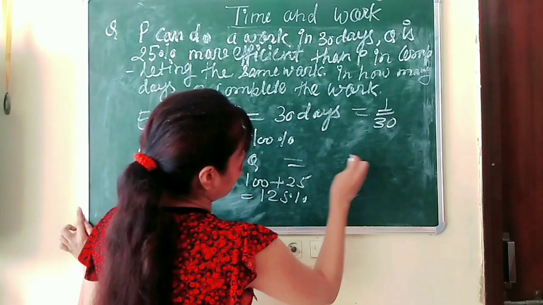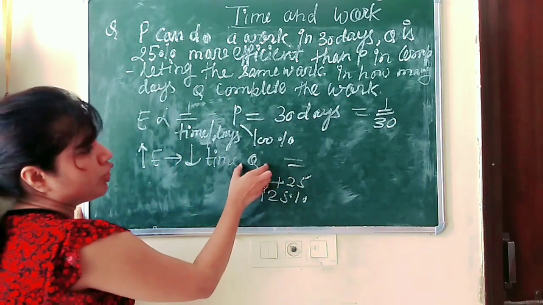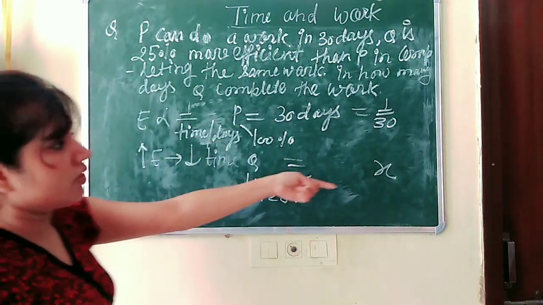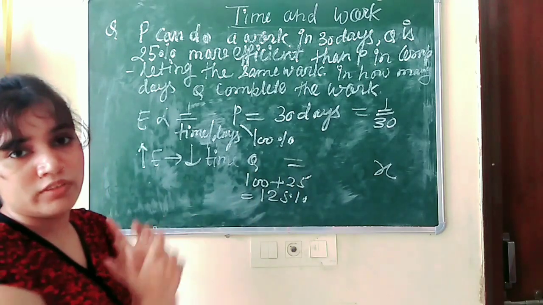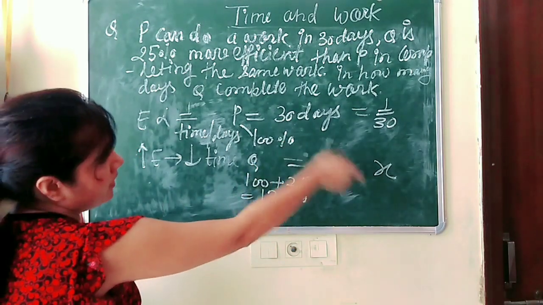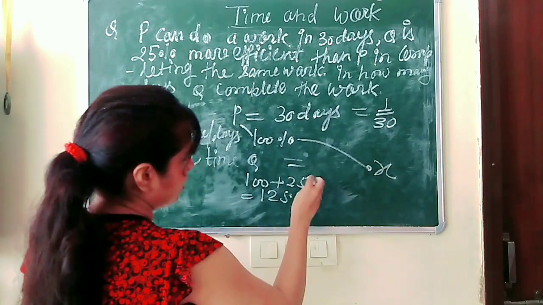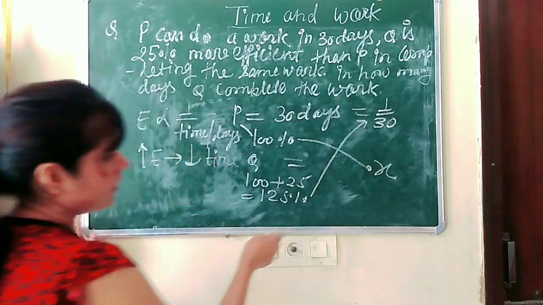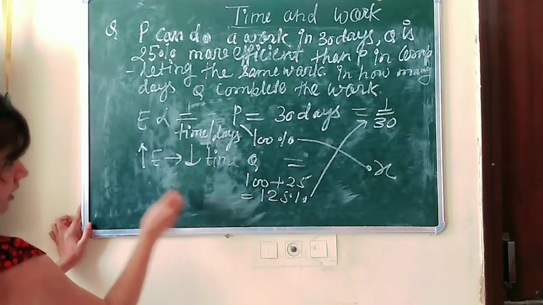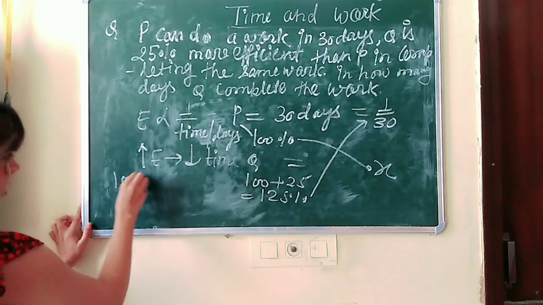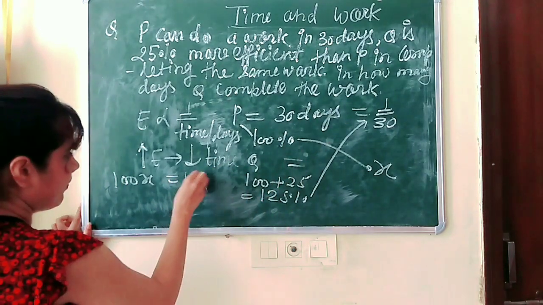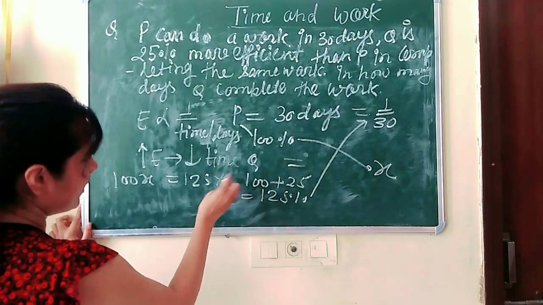So here we are assuming that Q does x amount of work in one day. So what we will do is simply cross multiply with their efficiencies. So we will get 100x equal to 125 into 1 by 30.